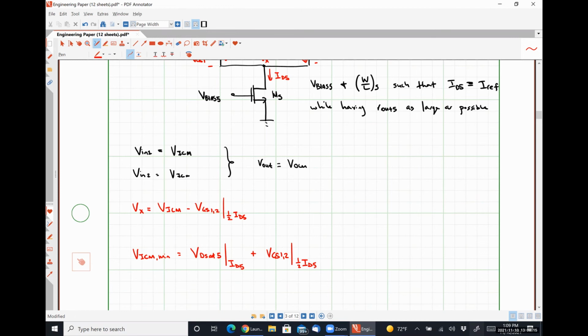Any common mode voltage below this kills our amplifier. Make sense?